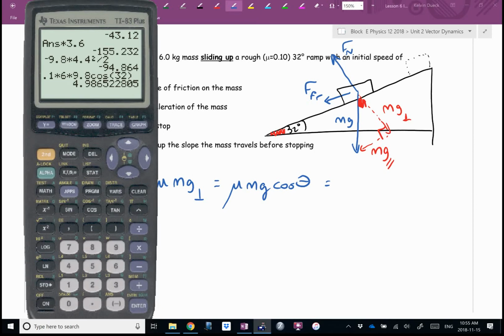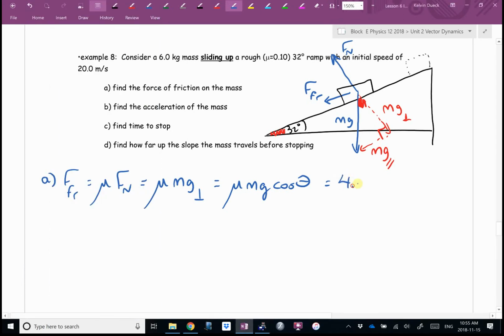I need someone to nod. Yes? Okay. Newtons. I'll be honest, I only find friction if they make me. Usually, if they asked me to find the acceleration, I would do it all algebraically and not bother plugging in that 4.99. So for B, find the acceleration.